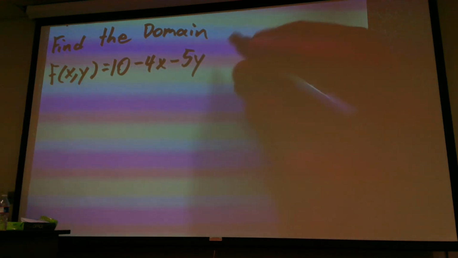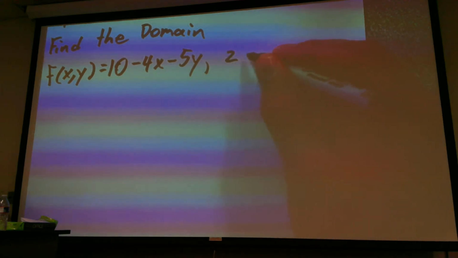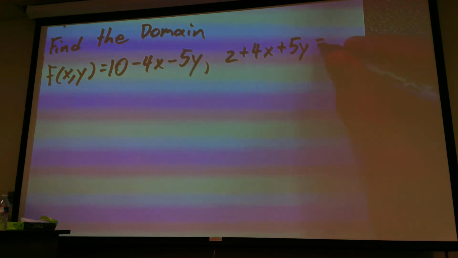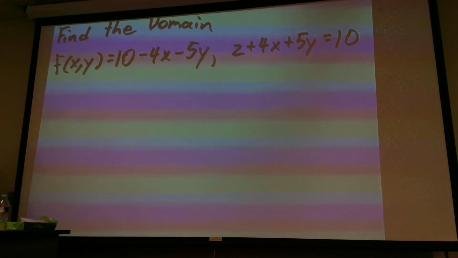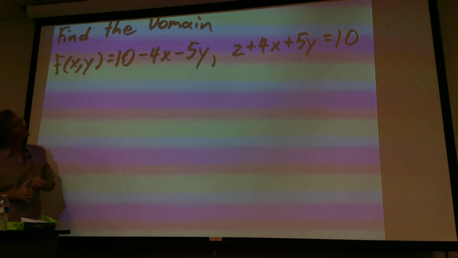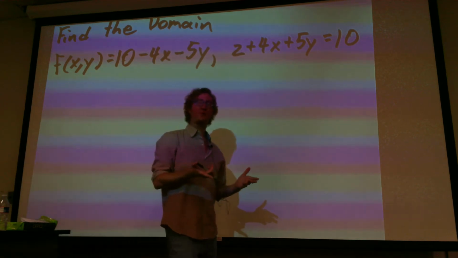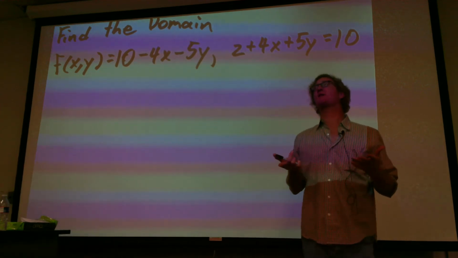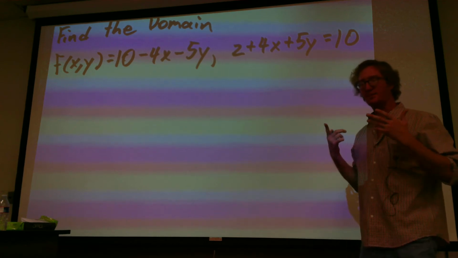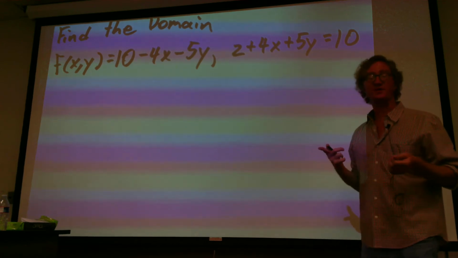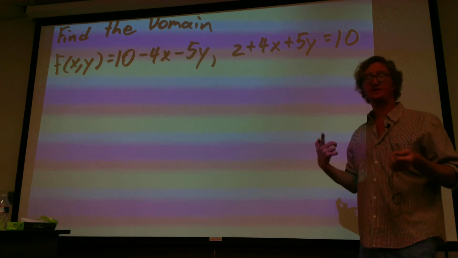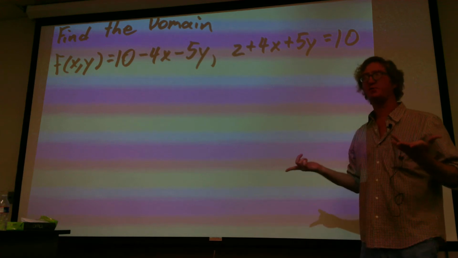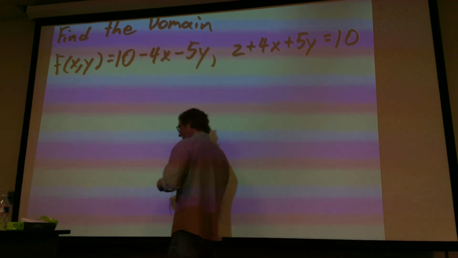Well, that's going to correspond to z plus 4x plus 5y equals 10. So we have this type of plane right here. Now, how would we begin thinking about how to even graph a plane like this? Well, what you're going to do is start sampling points on the different axes, and that'll at least give you a triangular portion of the plane.